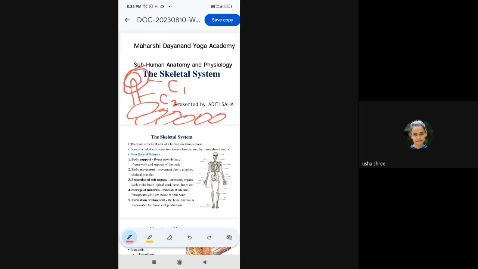From C3, the vertebrae continue normally as we have seen earlier, the shape of the vertebra and the cartilaginous cushion, all these continue normally. The special ones are C1 and C2, they are forming a pivot joint. Is it clear now?